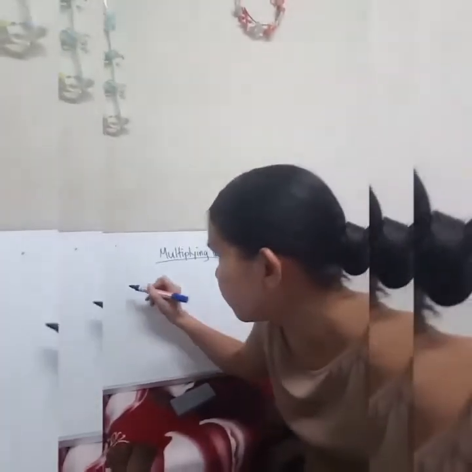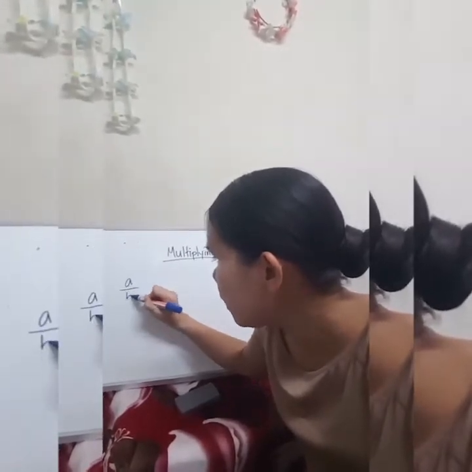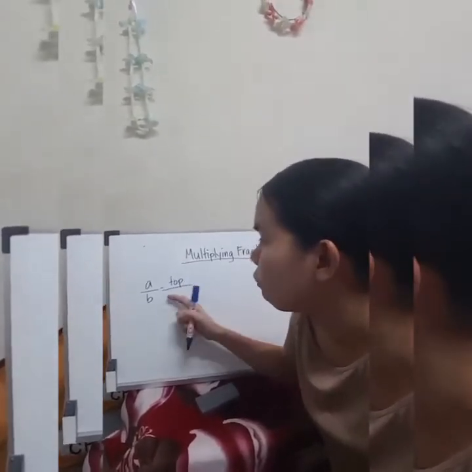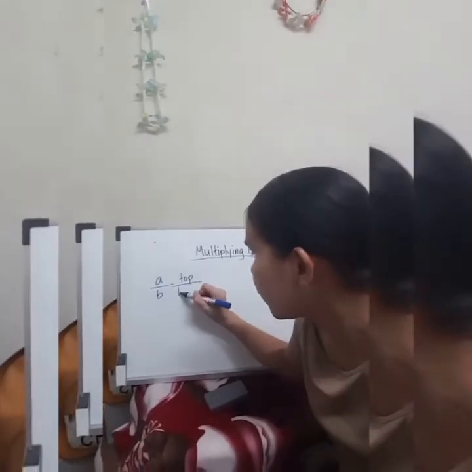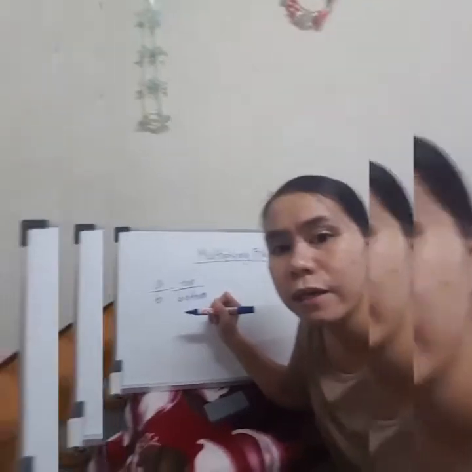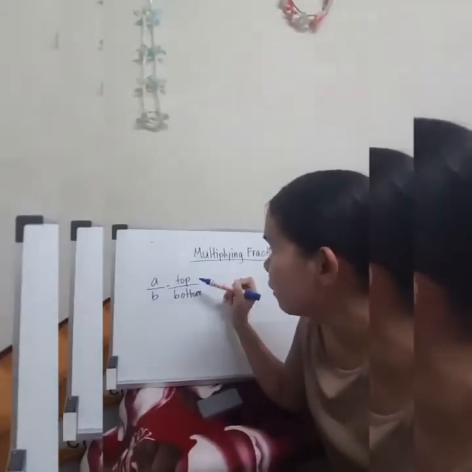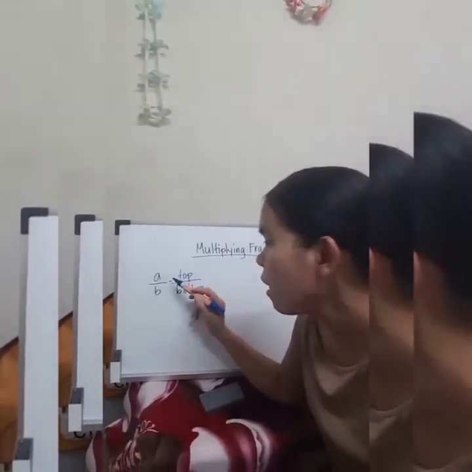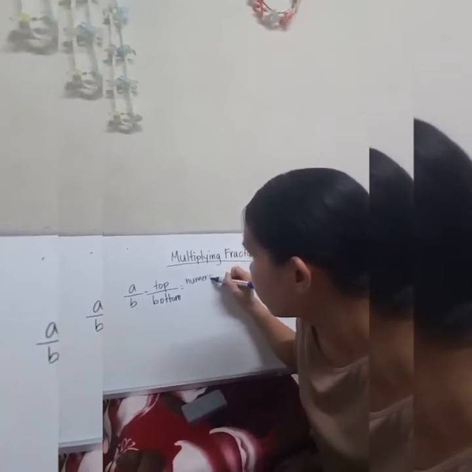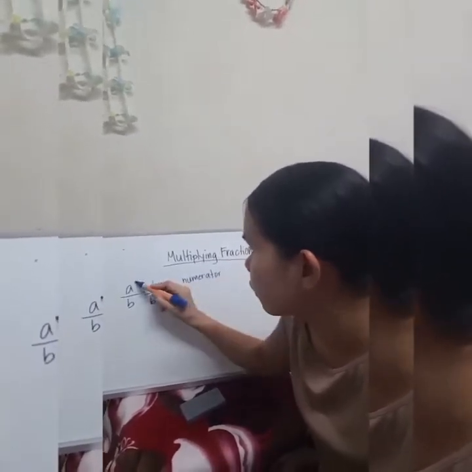There are 2 parts of a fraction. For example, A over B. A is the top part, over B is the bottom part. In mathematics, the upper number or the top part, this is what we call the numerator.